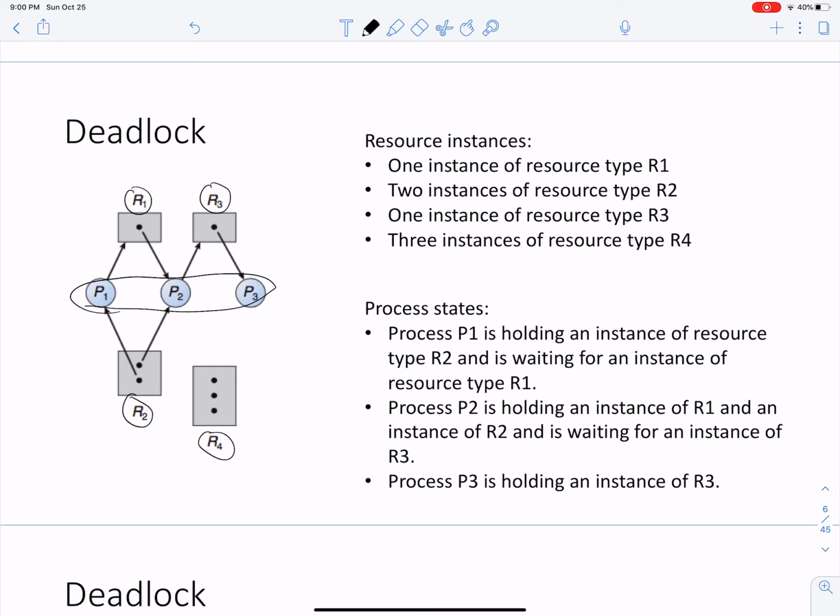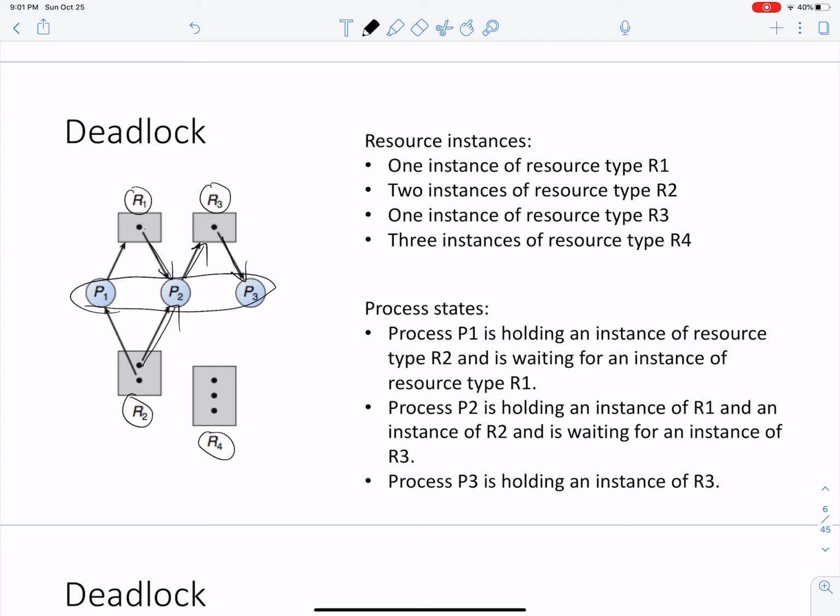The only instance of R1 has already gone to P2, and the other instance of R2 is also held by P2. Whereas P2 is asking for R3, and R3 is currently held by P3.